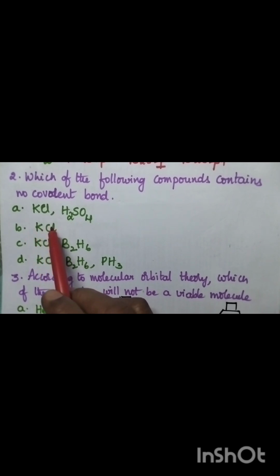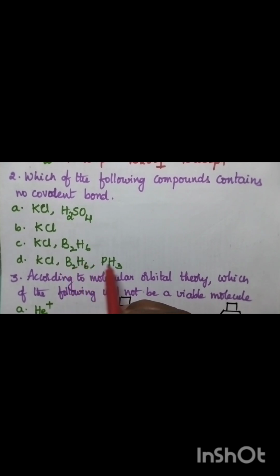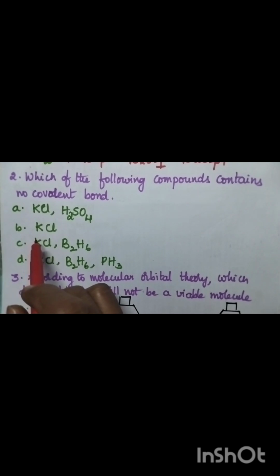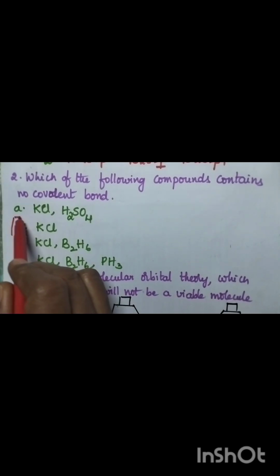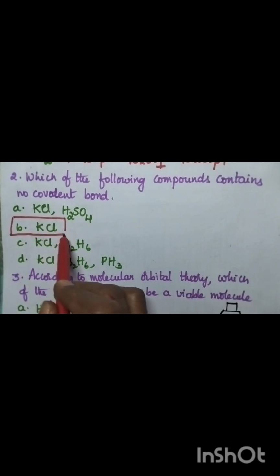B, potassium chloride. C, potassium chloride and diborane. D, potassium chloride, diborane and PH3. So pause the video and try to answer the question. Among all the compounds, only potassium chloride contains an ionic bond and hence the right option is option B.